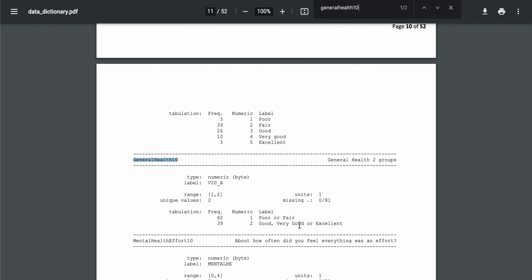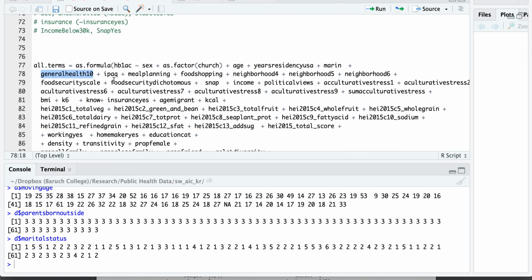Poor or fair, good or very good. Okay, so this is also categorical, but it's binary, so we don't need to code it as numeric, as categorical, knowing that it will always be in comparison to poor or fair general health.